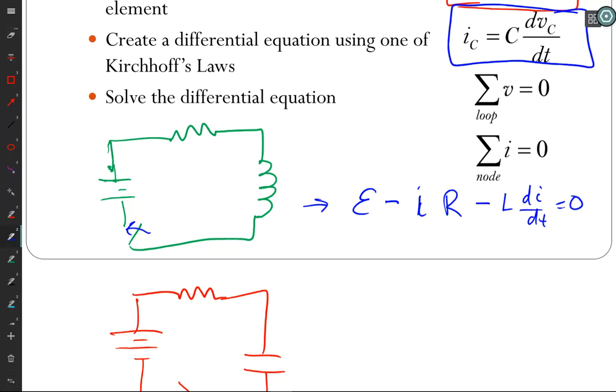I'm going to take this equation and first put the derivative on one side, and divide everything by L so the derivative is by itself. Now, I don't have my variables separated. I have i's on both sides of the equal sign. First thing I would do is multiply both sides by dt.